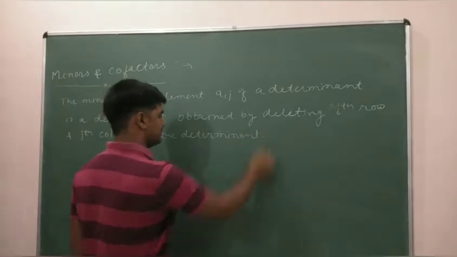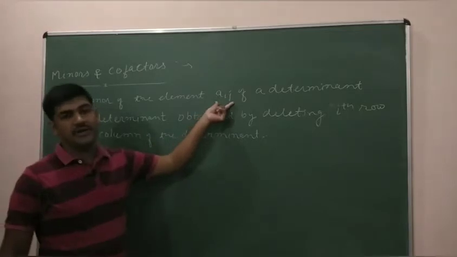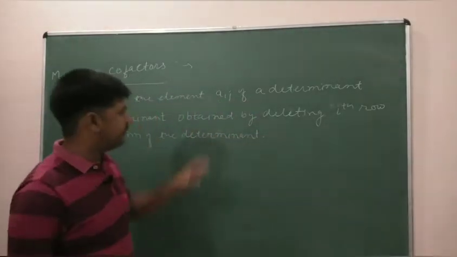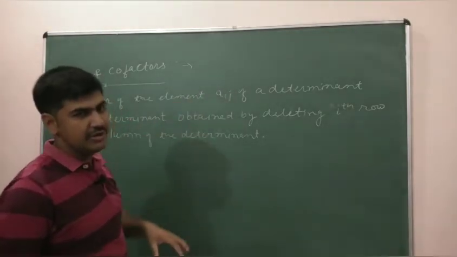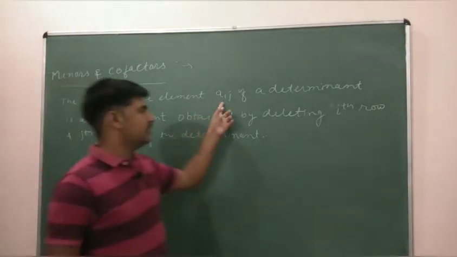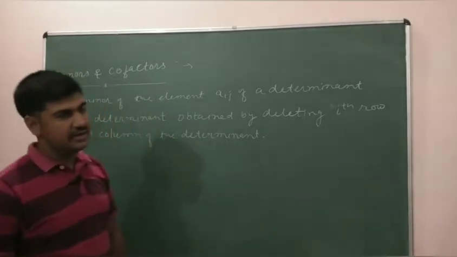Dear students, if there is an element Aij of a determinant, then the minor of this particular element Aij of the determinant is a determinant which is obtained by deleting the ith row and jth column of that particular determinant.